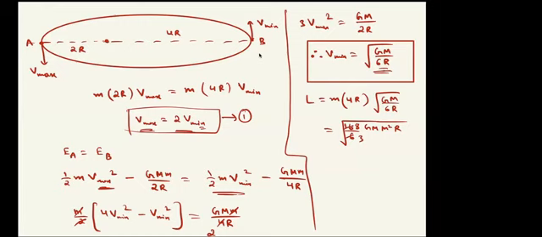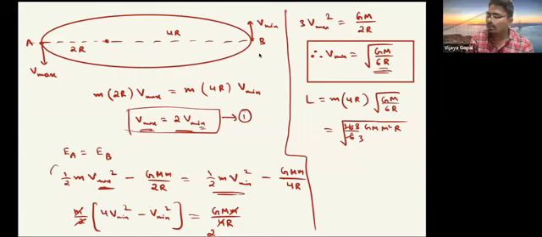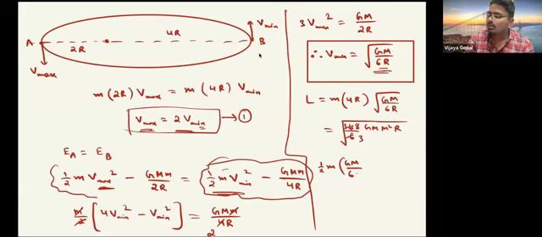Now total energy. You can substitute anywhere. Total energy is half m v minimum square, where v minimum square is GM by 6r, minus GMm by 4r. Taking GMm by r common, what is left is 1 by 12 minus 1 by 4.